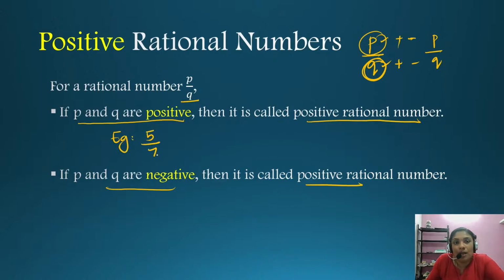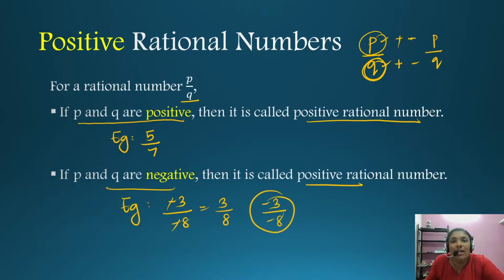Here p and q are positive, so 5 by 7 is a positive rational number. Now, another type of positive rational number: negative 3 by negative 8. What will happen to this number? The negatives get cancelled and this will become 3 by 8, right? So negative 3 by negative 8 is also a positive rational number.